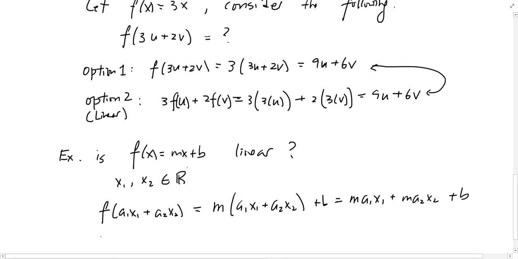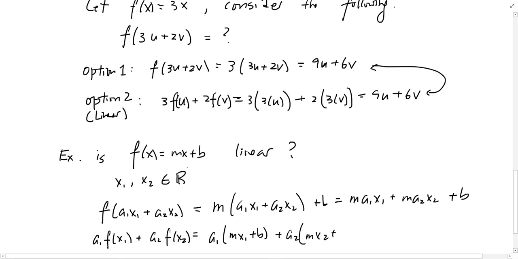Now I'm going to try to do the other side of the property: a1 f of x1 plus a2 f of x2, and see what happens. That would be a1 times (m x1 plus b) plus a2 times (m x2 plus b).